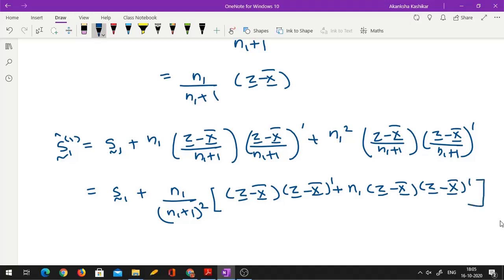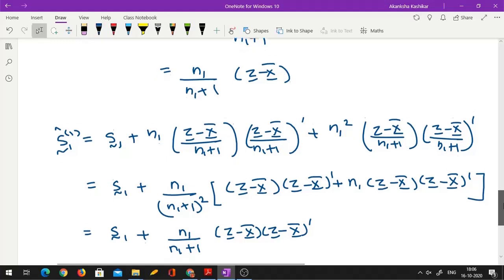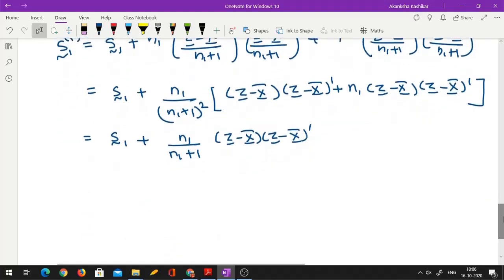So this would again become n1 plus 1, so one n1 plus 1 gets cancelled, so this becomes S1 plus n1 upon n1 plus 1 into z minus x bar prime. Okay, so this is my estimate of the CSSP matrix under the assumption that z comes from the first population.